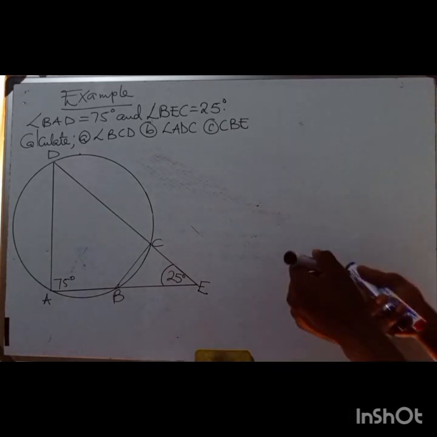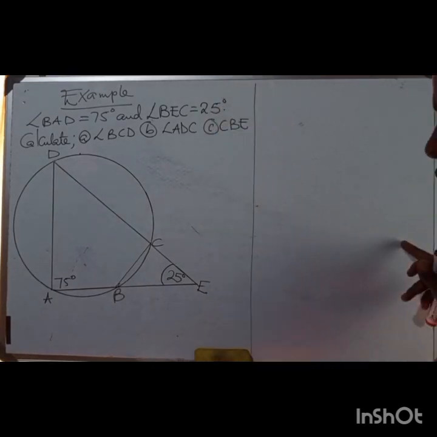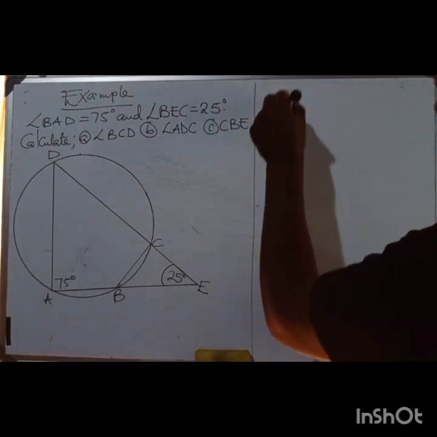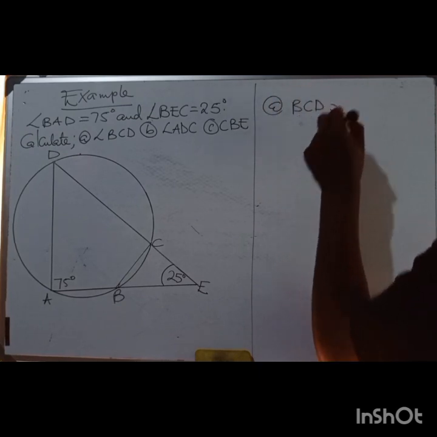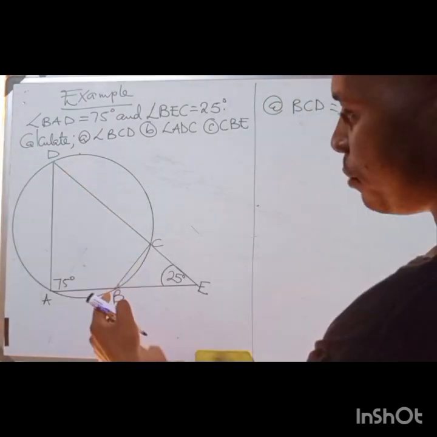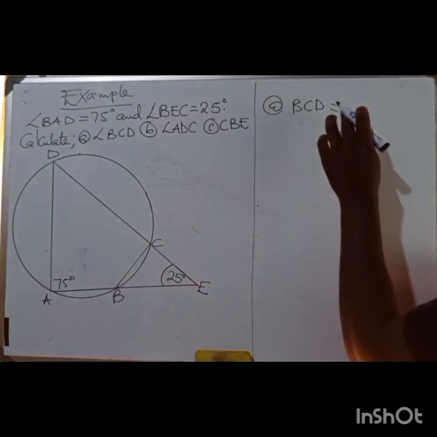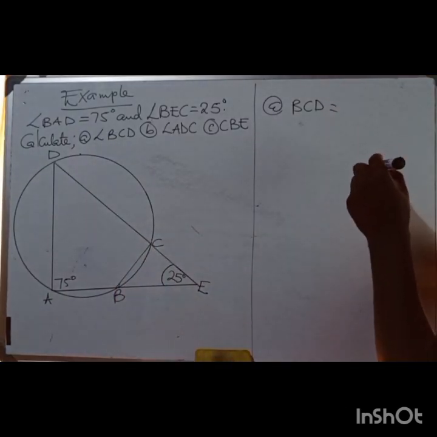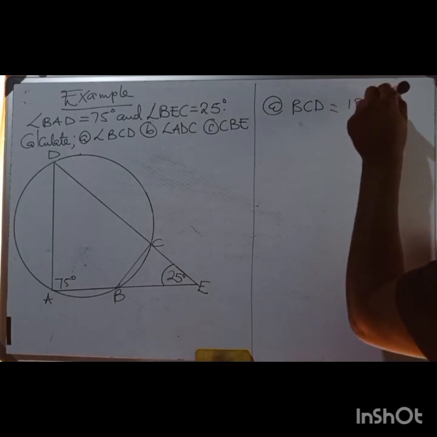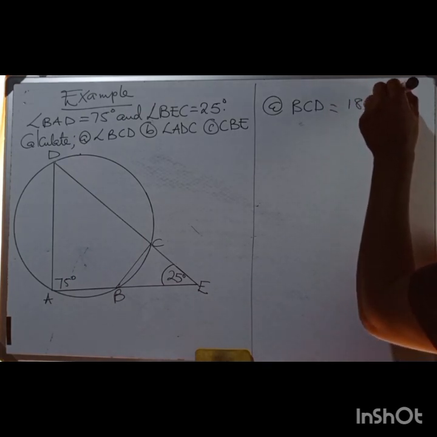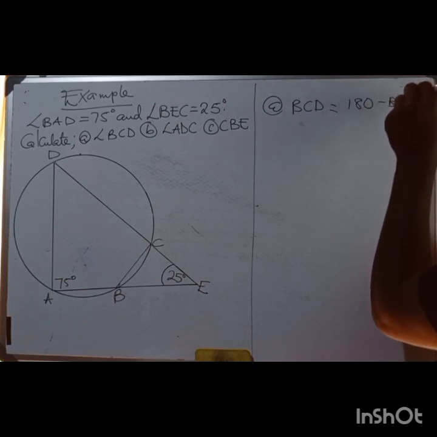We are starting with question number A, where we are finding angle BCD. Angle BCD is equal to 180 minus BAD.